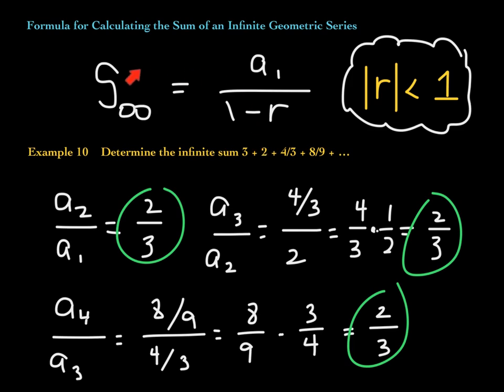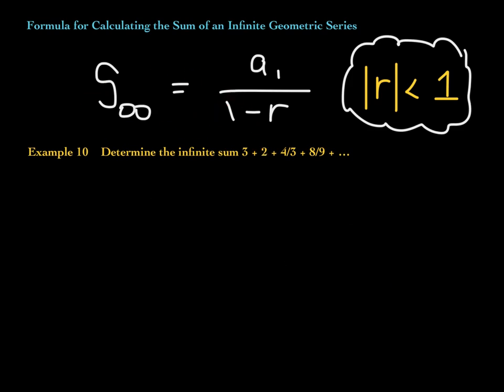I'm allowed to use this formula. Now, we just found that r is 2/3, so that's good. The only other number I need is a sub 1, which is given. The first term is 3. One thing you have to confirm, everybody, is that the absolute value of your ratio is less than 1.